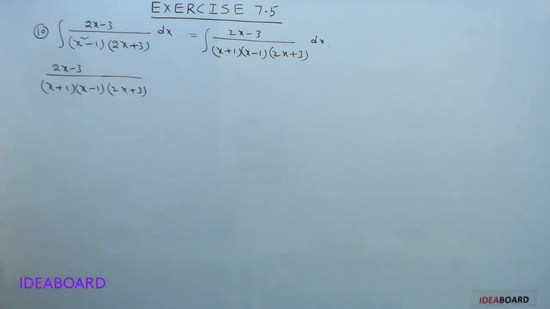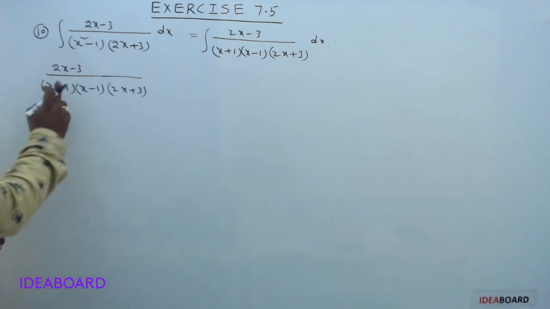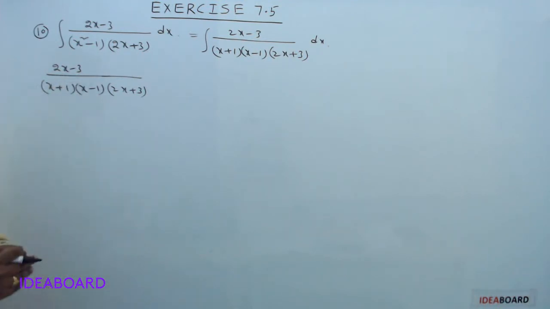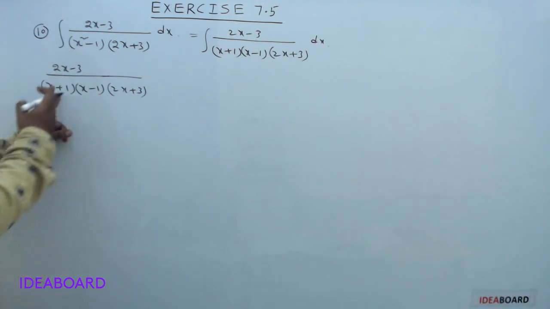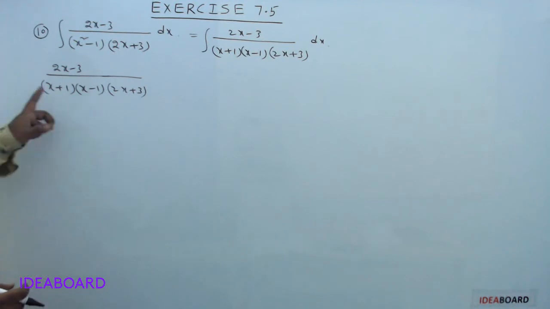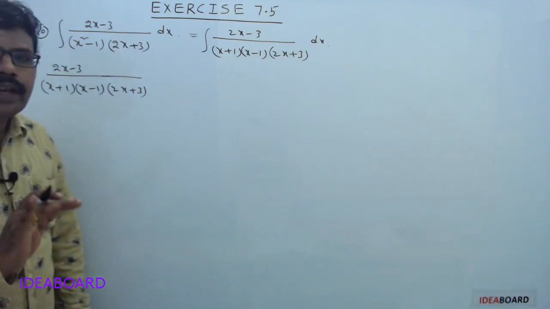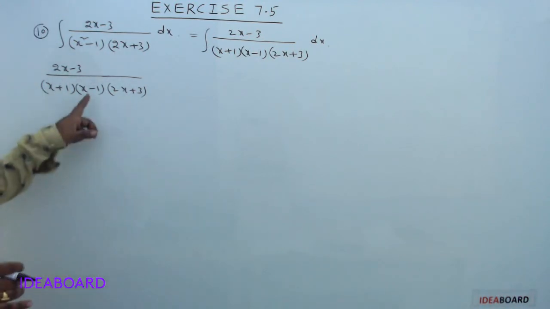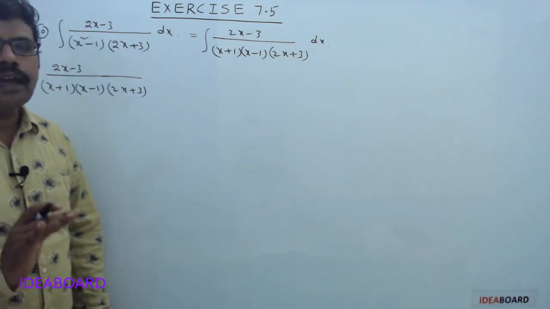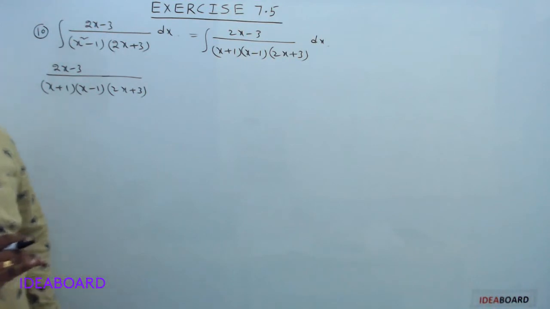Then check the factors in the denominator. x plus 1 is a linear factor because its degree is 1. Is it repeated anywhere in the denominator? No. So it is called a non-repeated linear factor. Similarly, x minus 1 and 2x plus 3 are non-repeated linear factors.